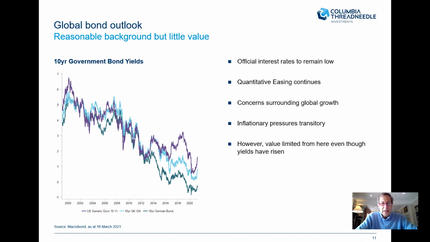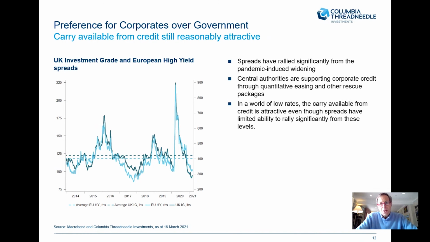And on the next slide, we show what we call the spread, which is the incremental yield that's available on corporate bonds over and above government bonds. And you can see that spread, that incremental yield, spiked up in the bear market when COVID was first diagnosed.